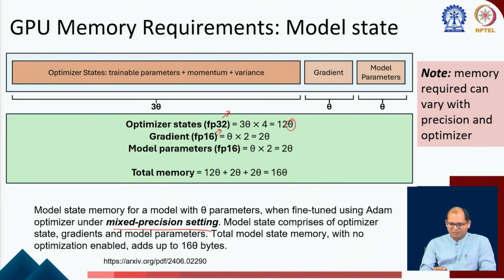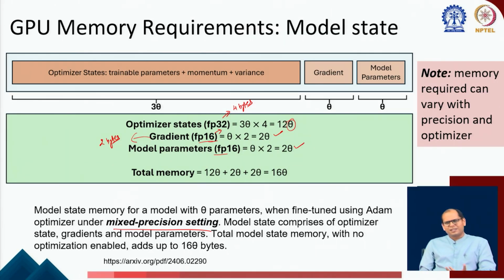They are two different settings. 32 bits means you need 4 bytes, and FP16 you need only 2 bytes. I'll talk briefly about the setting in the next slide. Under this setting, your gradient and model parameters are stored as FP16. So you need 2 bytes per parameter. Each parameter will have the parameter value and the gradient with that. So you have 2 theta each, right?